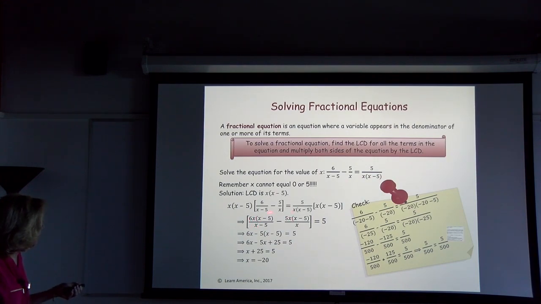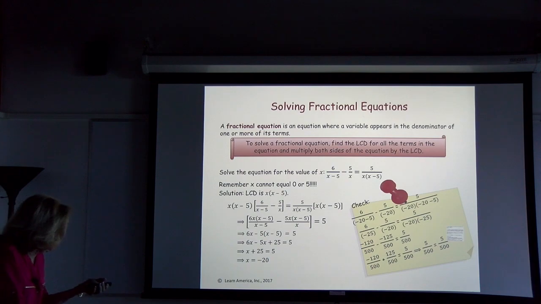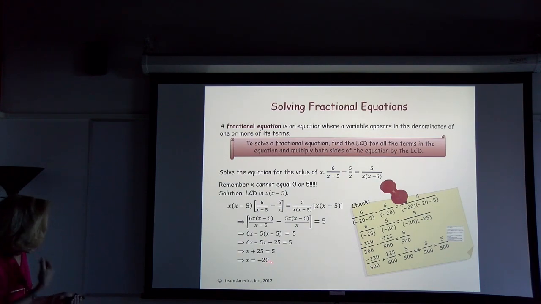Here the x's will divide out, leaving me with the x minus 5. Distributive property, combine like terms, and solve for x. Okay, so there are a lot of little gimmicks on this, things to watch out for. And then you want to make sure that when you get all finished, the value you come up with is not one that you have excluded. Otherwise you would have no solution. All right, and make sure that you double check.